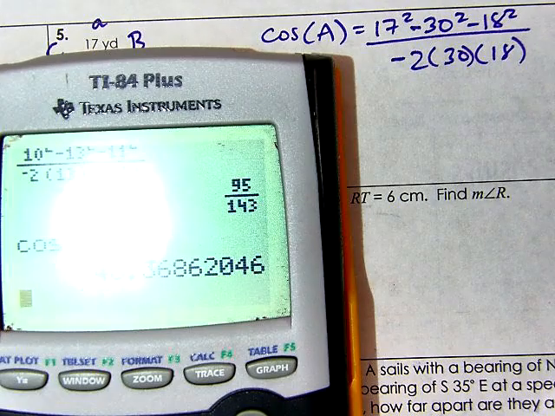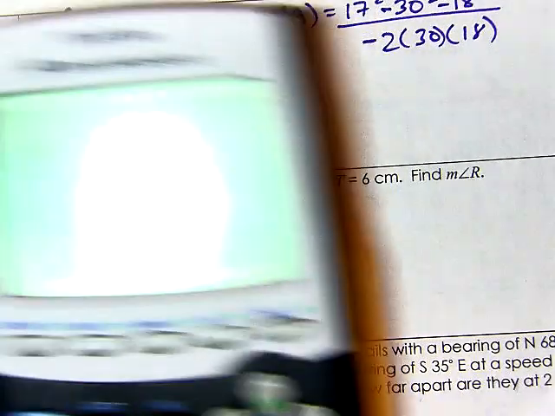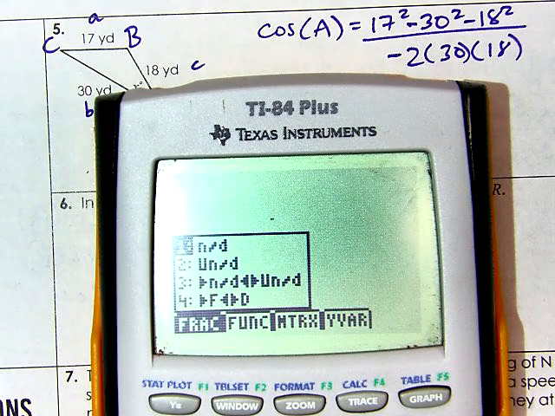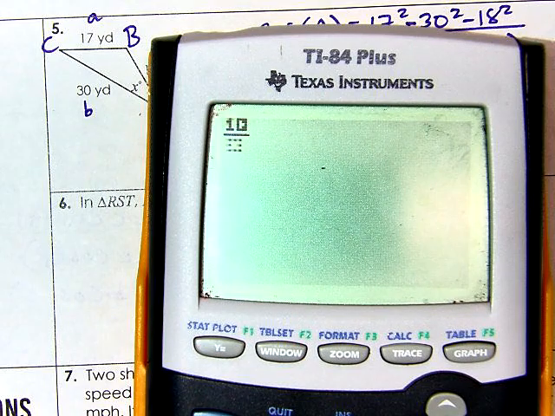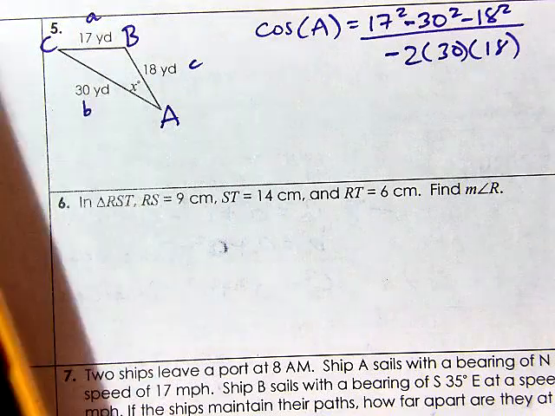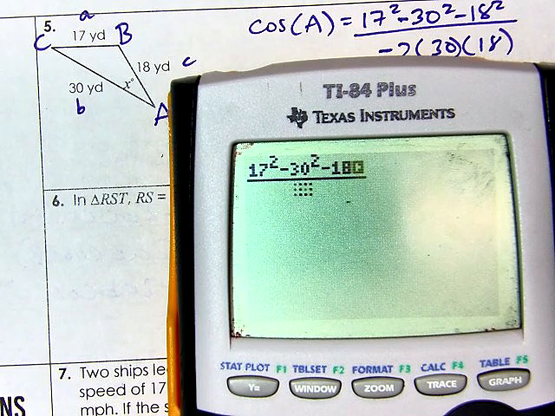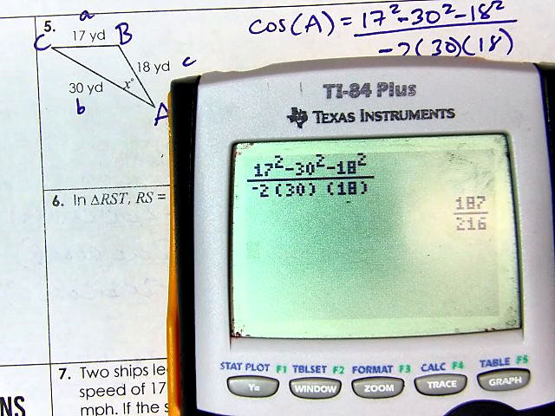Putting in the calculator, put the fraction in, alpha y equals 17 squared minus 30 squared minus 18 squared over negative 2 times 30 times 18. And I get the fraction 187 over 216.